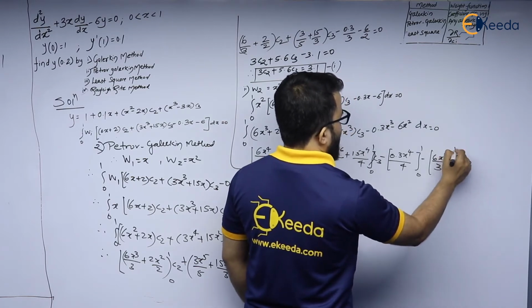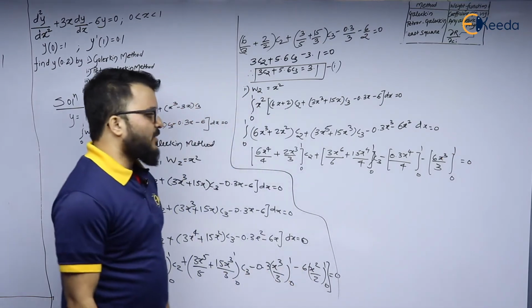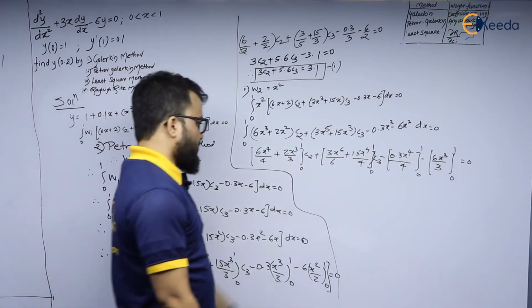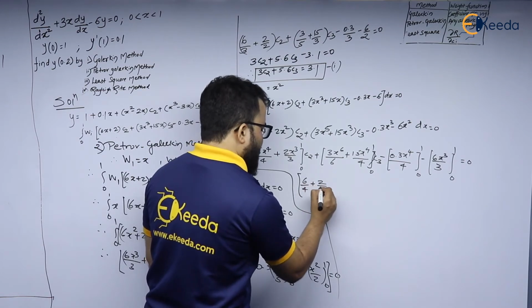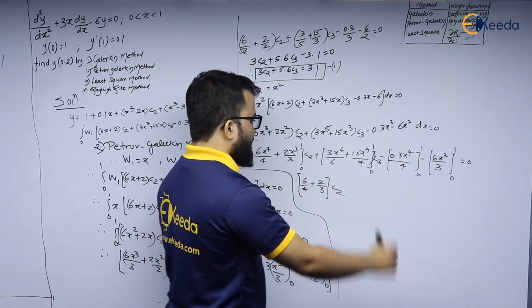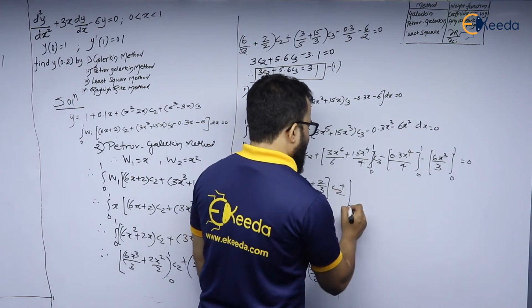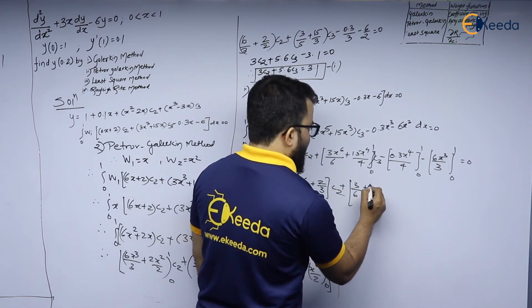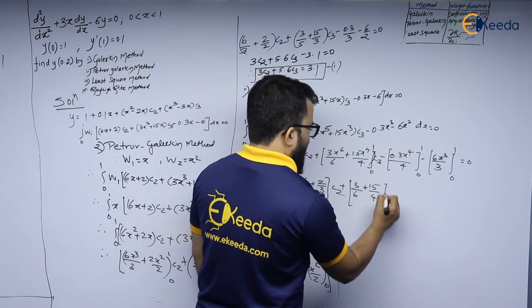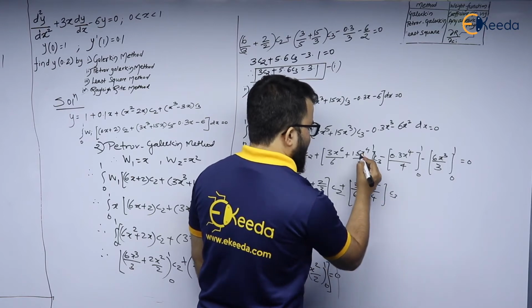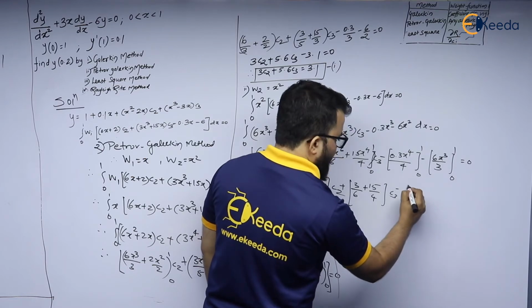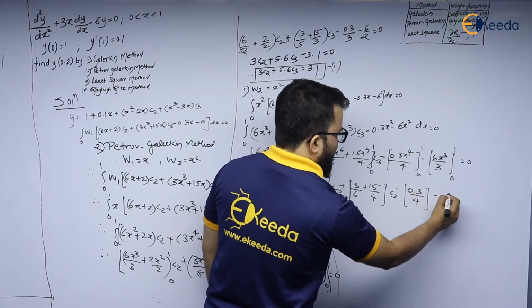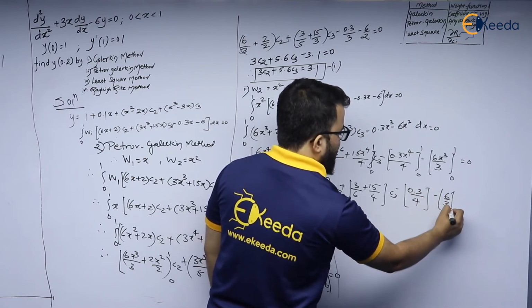Now I will put in the upper limit and lower limit. So the equation becomes (6 by 4 plus 2 by 3) into C2 plus (3 by 6 plus 15 by 4) into C3 minus 0.3 by 4 minus 6 by 3 is equal to 0.